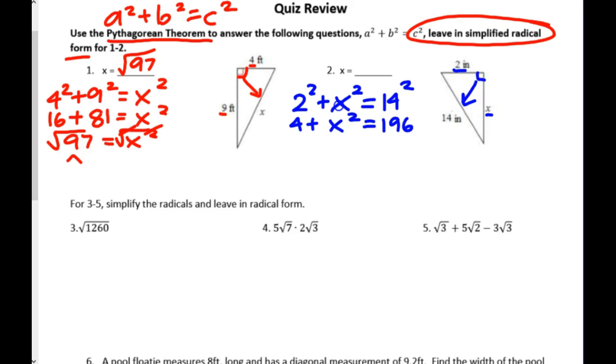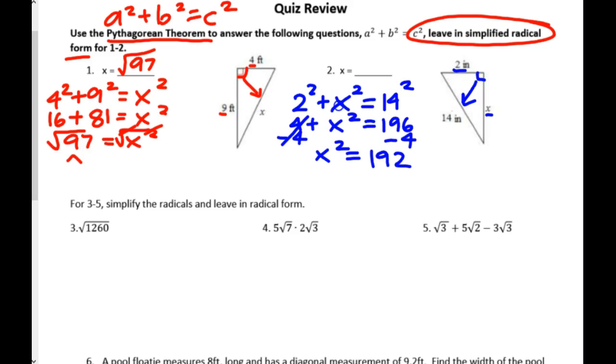Okay, the 4 needs to get away from that X, because X needs to be by itself. So how do I get rid of that 4? Subtraction, right? Minus 4. Notice, number 1 we added because they were on the same side. Number 2 we subtracted because they were not on the same side. Okay, there's a difference. So 196 minus 4 is 192.